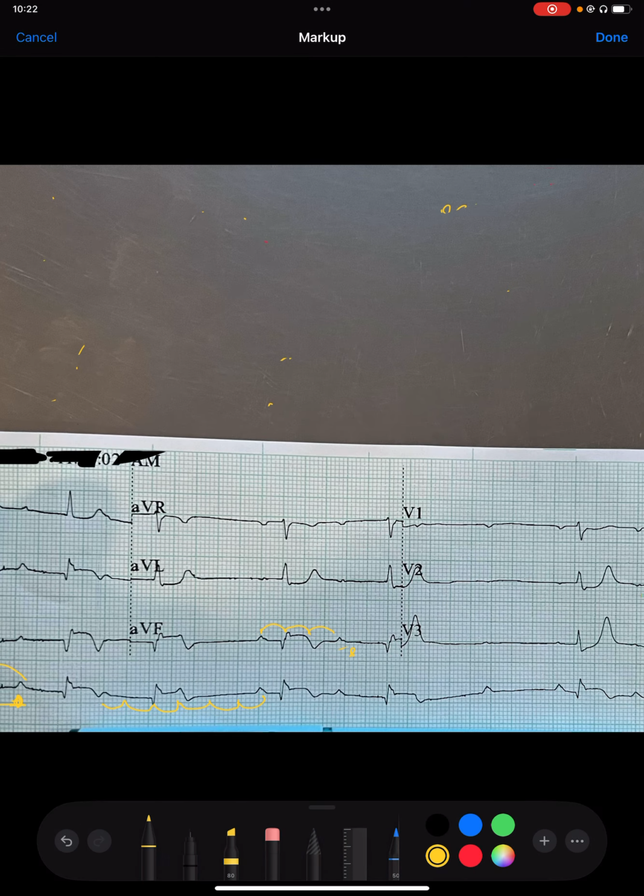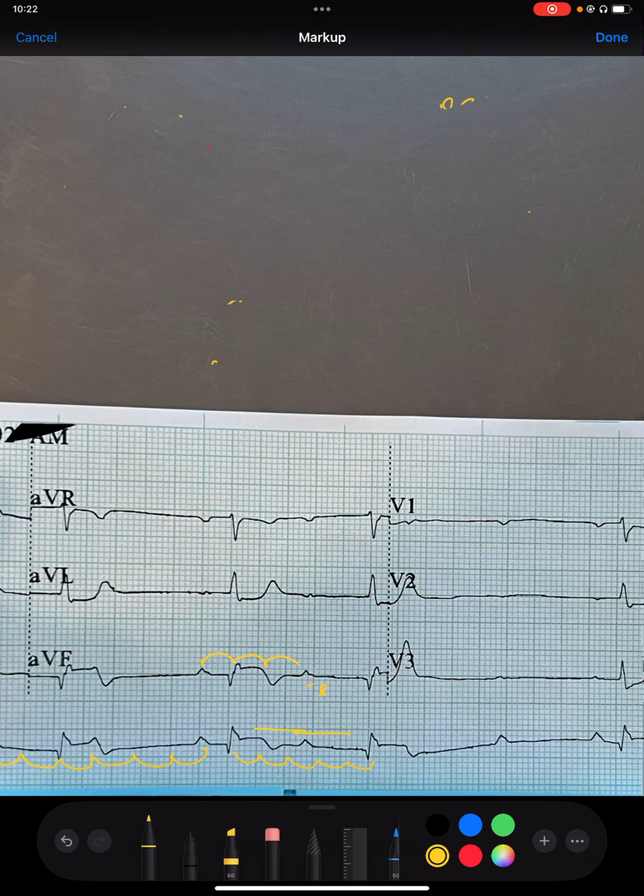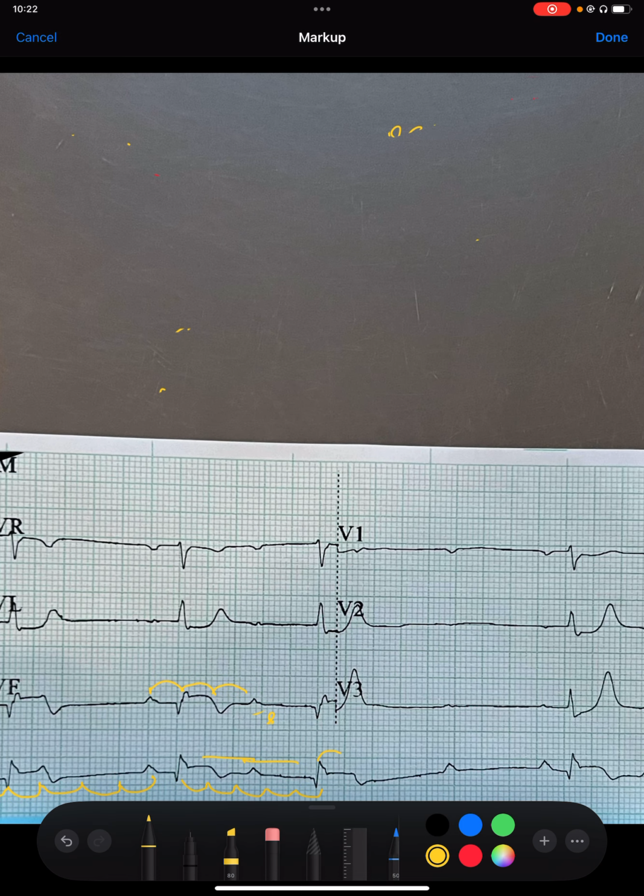So the PP distance is remaining constant and the RR distance has to be constant. If we can see here, in between the two R waves, there are one, two, three, four, five large boxes. From here, one, two, three, four.